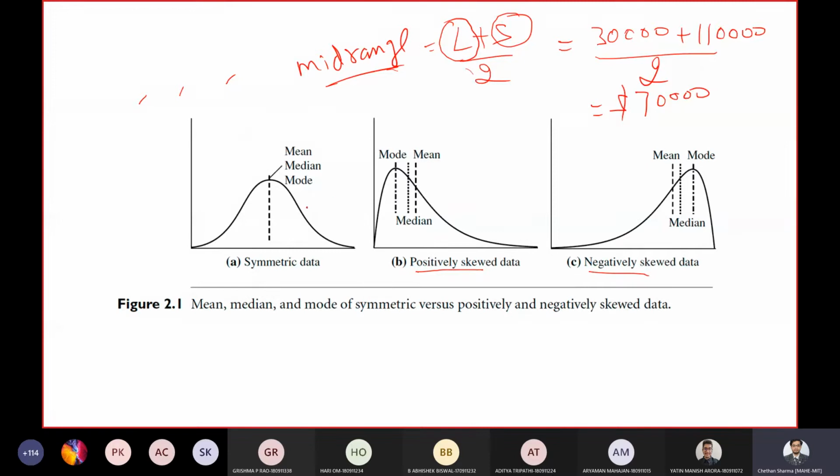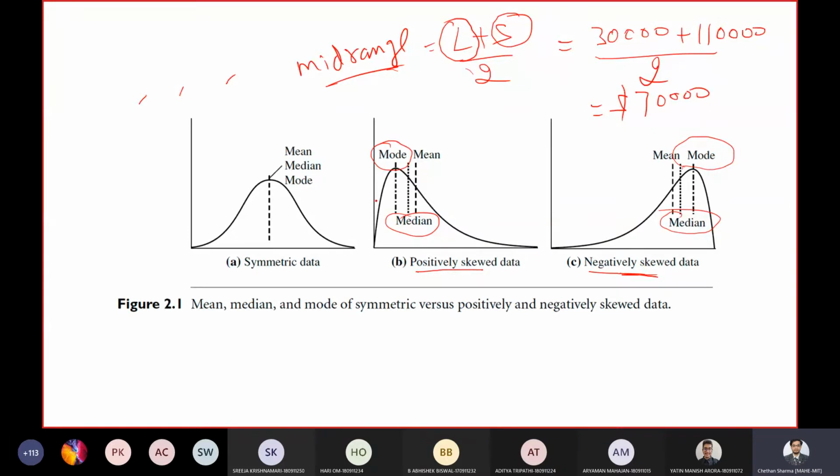If the value of the mode is smaller than the median, the data tends to be positively skewed. On the other hand, if the mode of the data is greater than the median, it in general tends to be negatively skewed. These are a few observations.